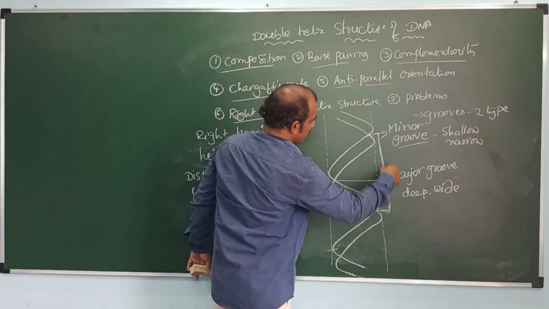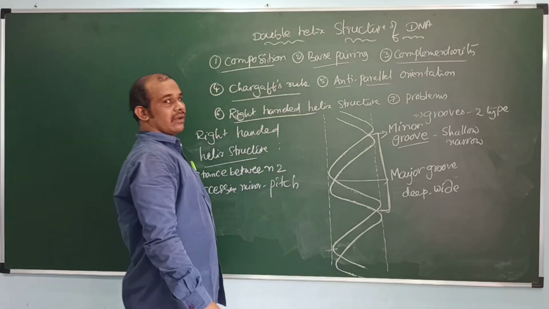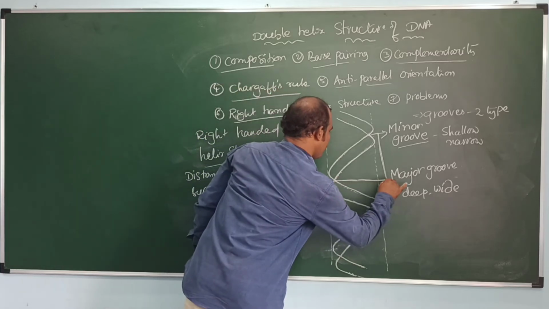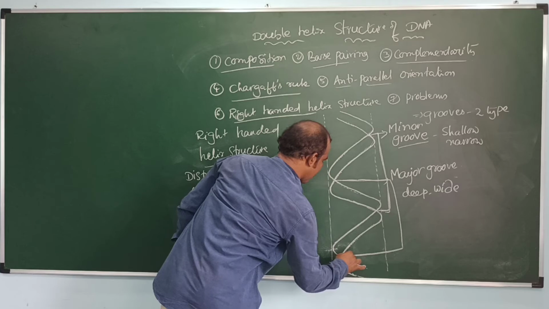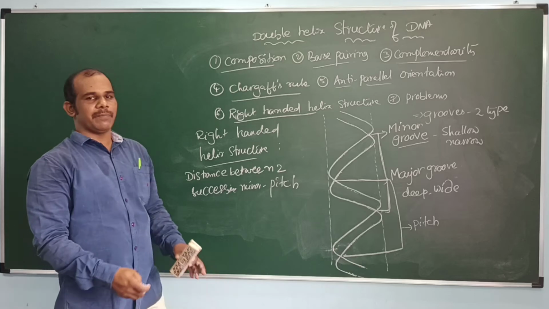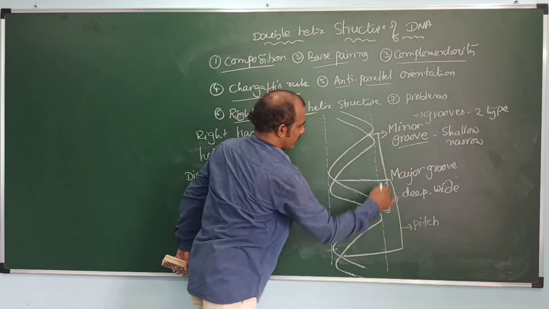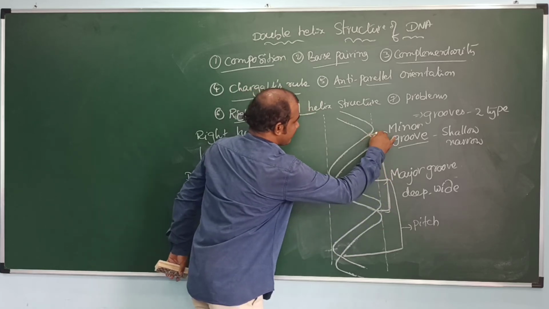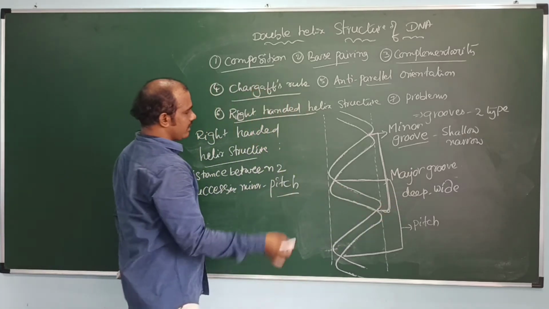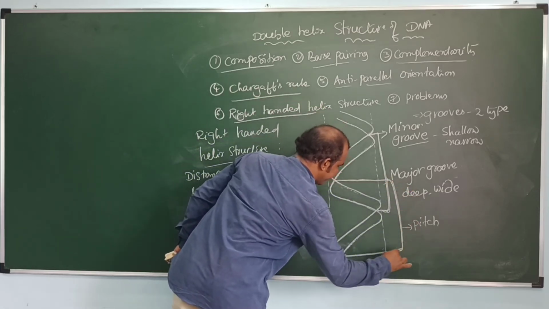The distance between two successive minor grooves, or the distance between two successive major grooves, is also called the pitch. So this is one minor groove, this is another minor groove. The distance between these two grooves is called the pitch, and the distance between two successive major grooves is also called the pitch.